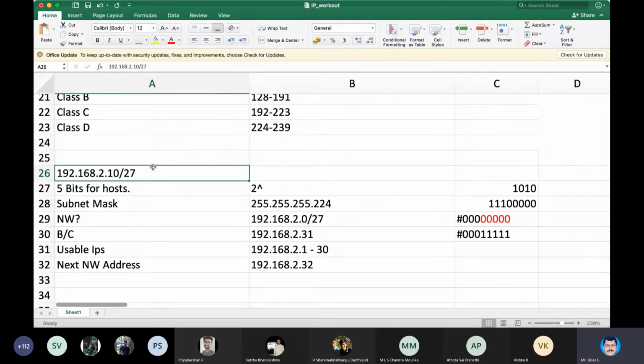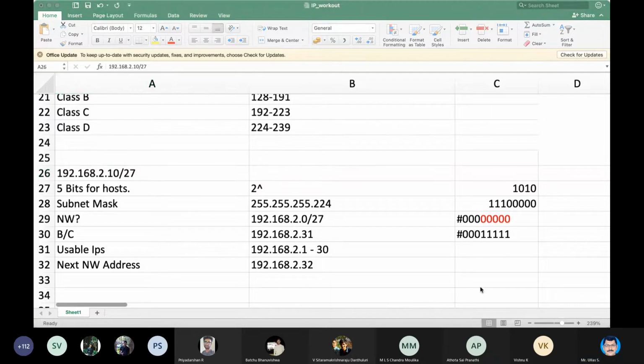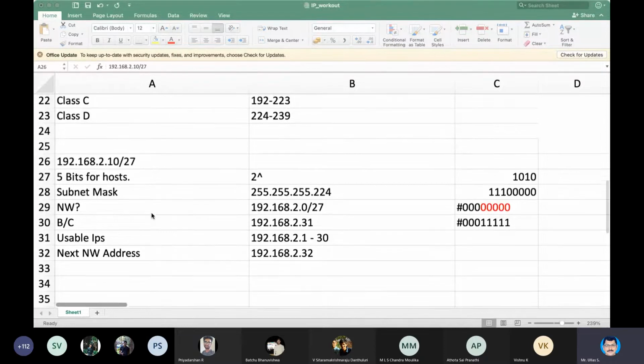For the given IP address, you are supposed to assign the first IP address to the default gateway. What IP address will you be assigning? Is this clear to all of you? Yes, sir.